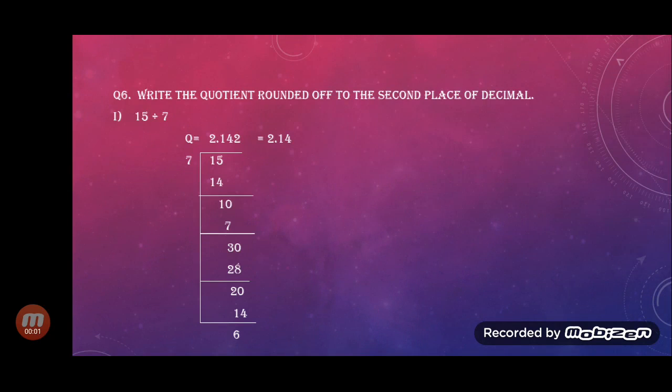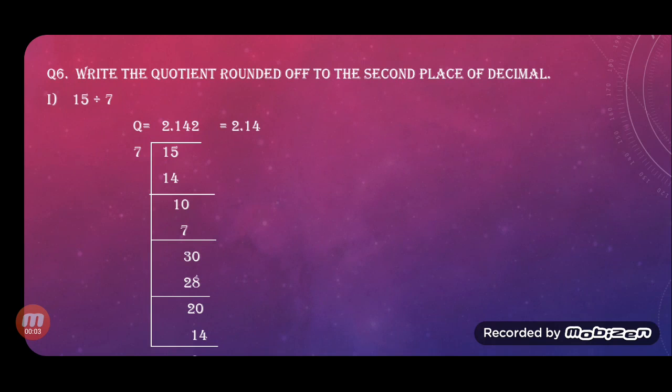Now children, next question. Write the quotient rounded off to the second place of decimal. So you will find the quotient up to 3 places after the decimal because you have to round off the second place. So you will find one more place. Okay. So 15 divide by 7 question.